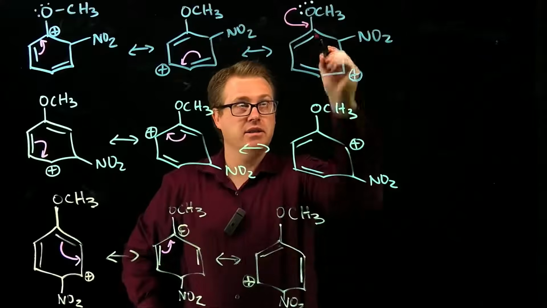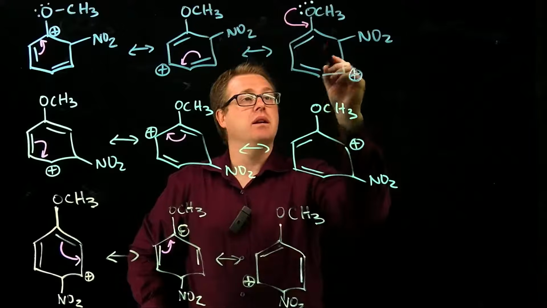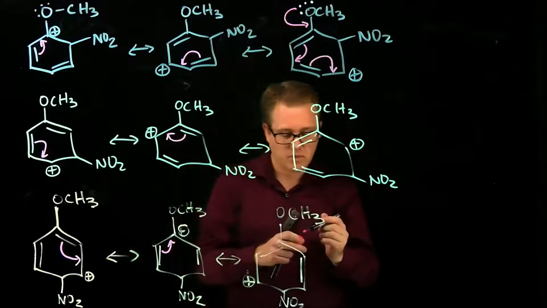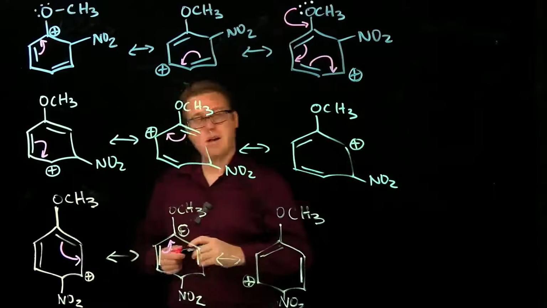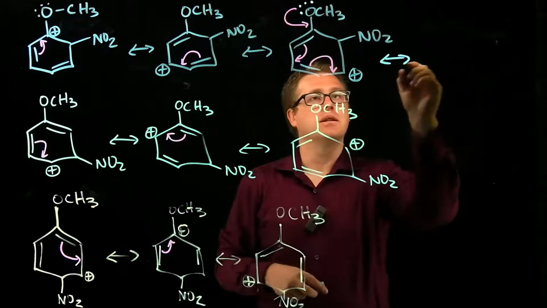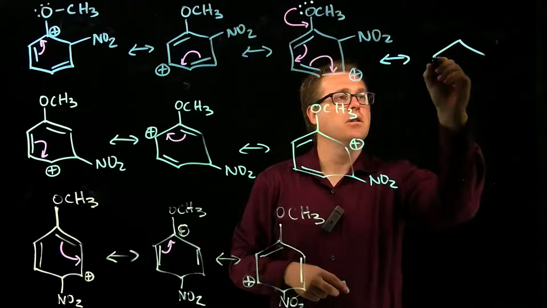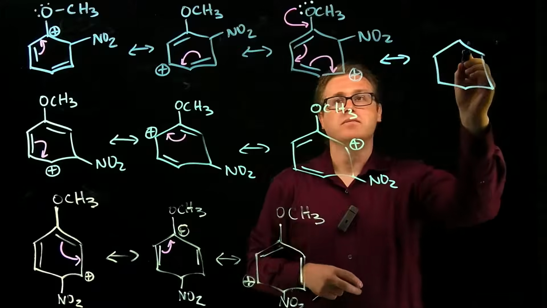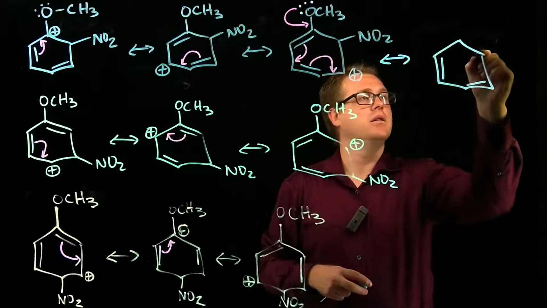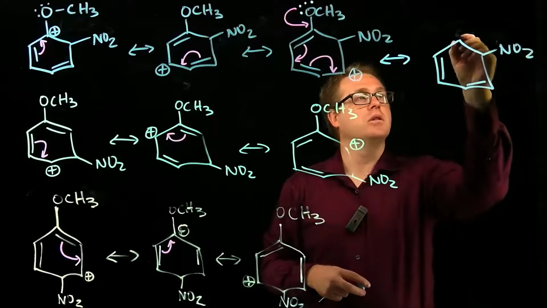So those pi electrons can come in, and then those would go there, and those would go there. In that manner, and what is that going to give us? That's a resonance structure. So we would have a double bond there, there, our nitro group.